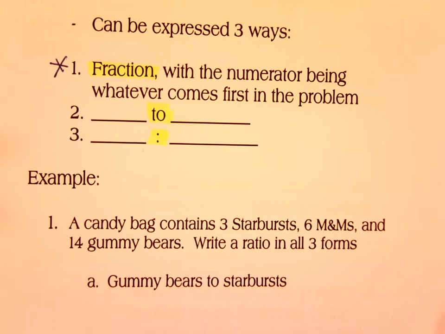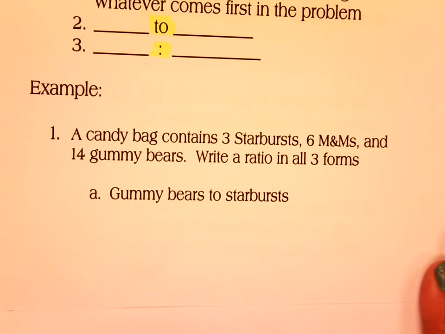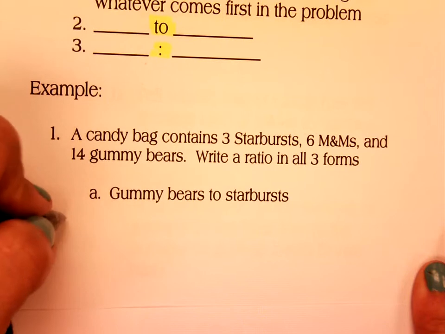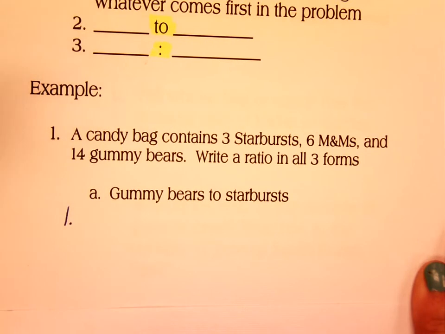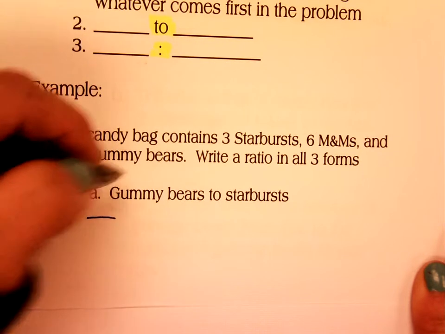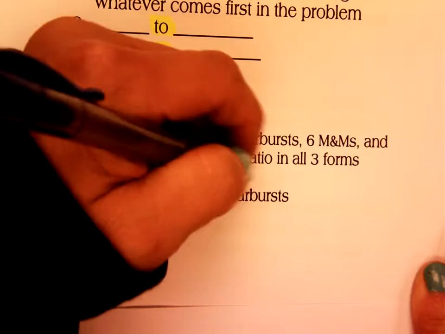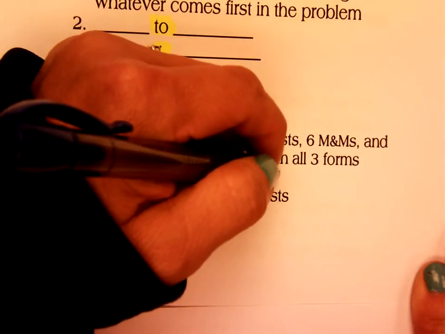So here's your first one. Gummy bears to Starburst. Look at how many gummy bears there are. The first way is fraction. There's 14. Remember, the first one is always your numerator. Second one is always your denominator.